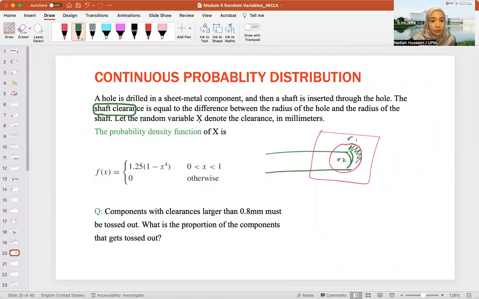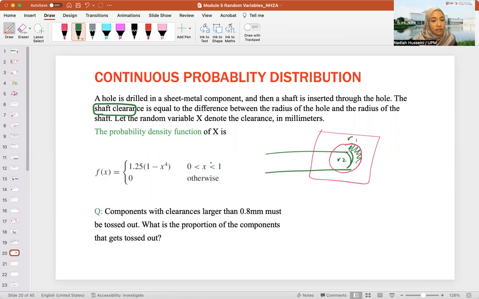Let the random variable x denote the clearance or the gap, in millimeters. The probability density function of x is, so here you have your f(x), because it is a continuous probability density function, 1.25 times (1 minus x) to the power of 4, if your random variable x is between 0 and 1.